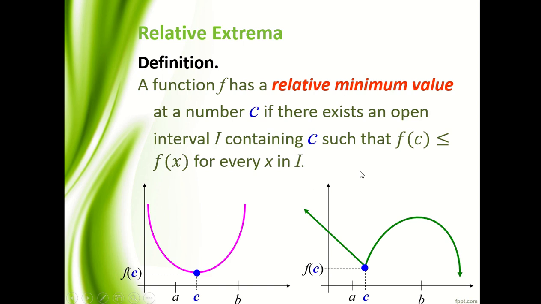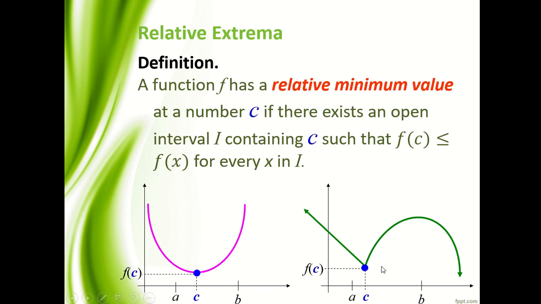So it means that if you substitute the value of x that is on this interval, the value of f of c is always less than or equal to f of x. Even if the number is here or somewhere here, as long as it's in this open interval.